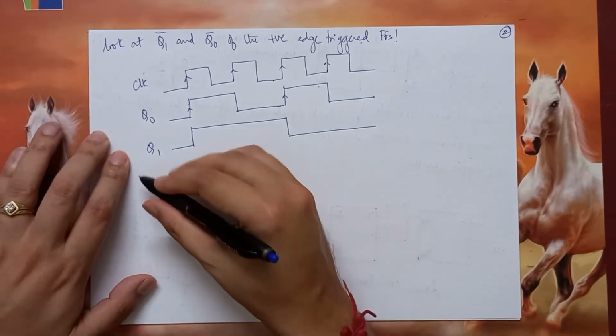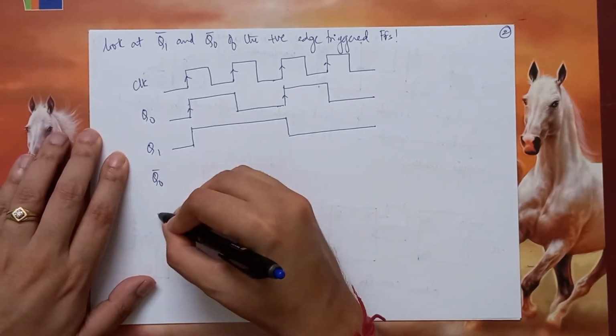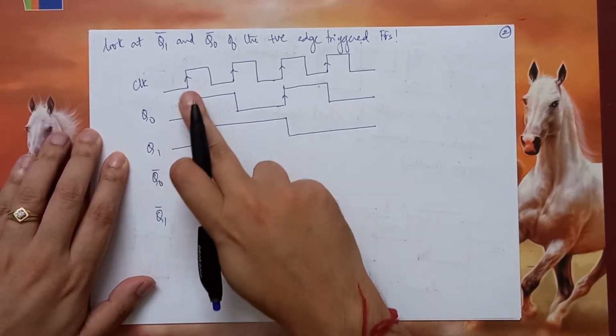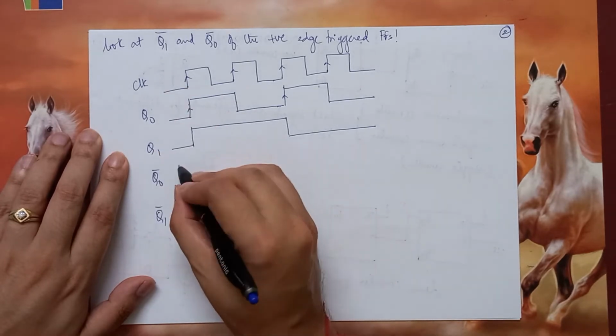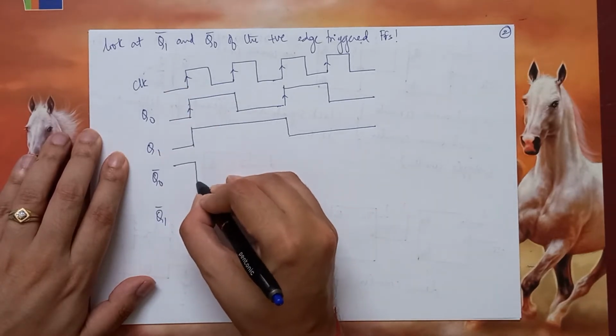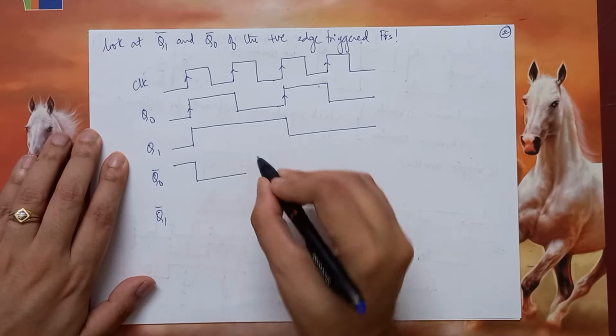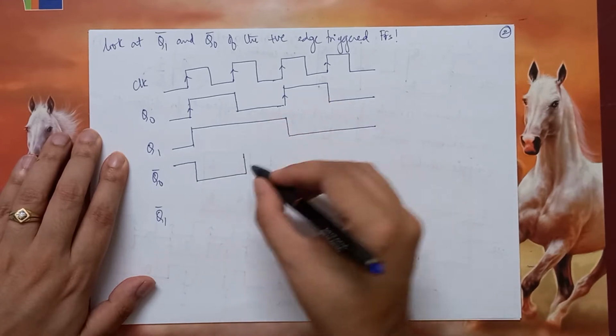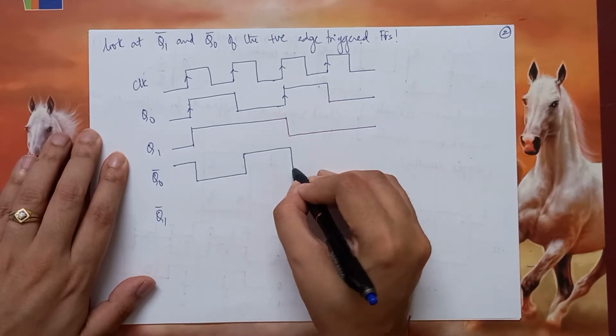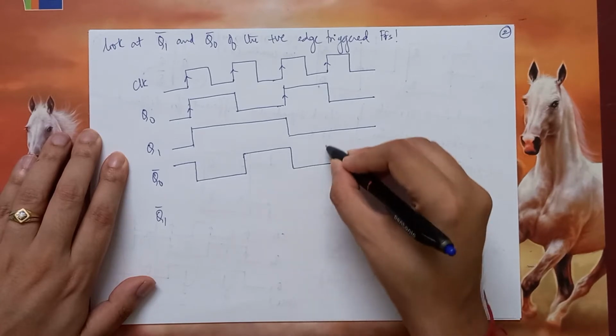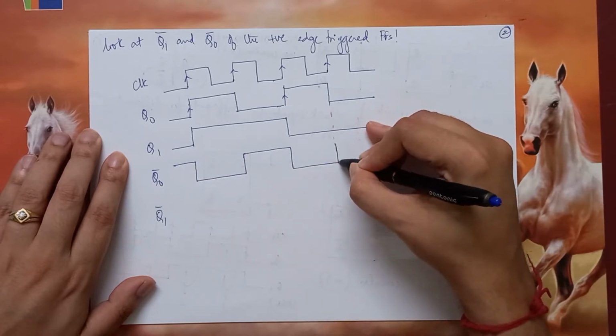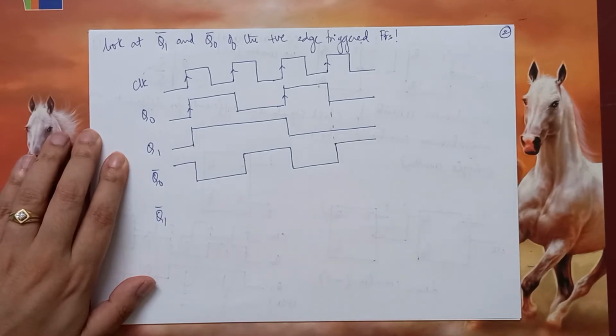Now let us draw Q0 bar and Q1 bar. Q0 bar will be just the opposite of Q0. So initially it will be 1, then it will go to 0. Then over here it will go to 1, again 0, again 1, like this.